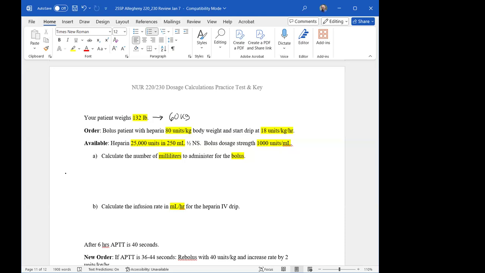I'm going to take my 60 kilograms and multiply by my 80 units per kilogram. Get rid of kilograms. 60 times 80 is 4,800 units.